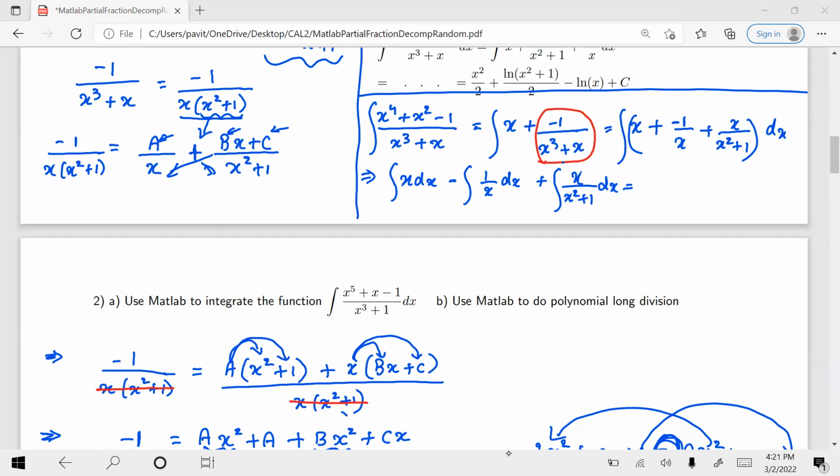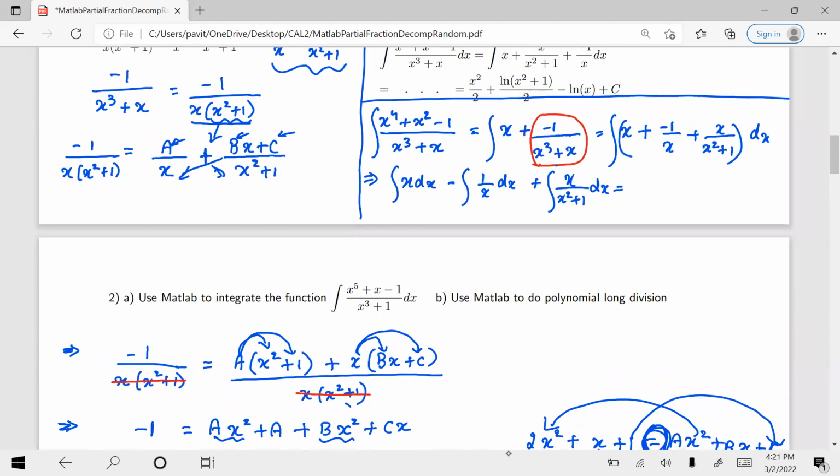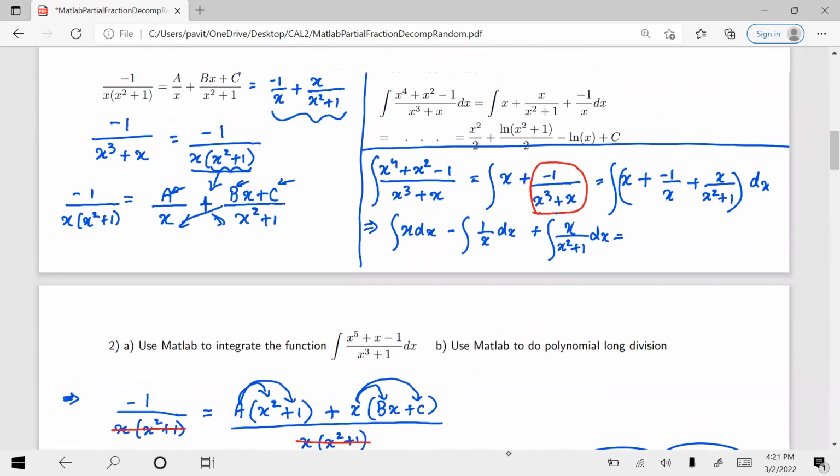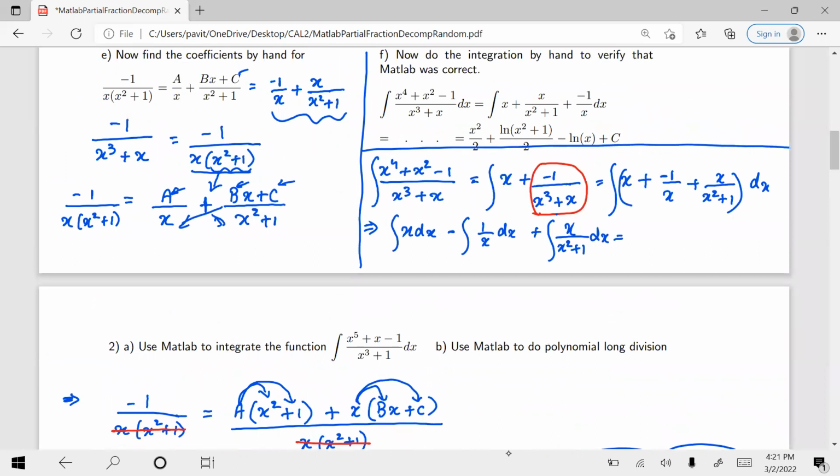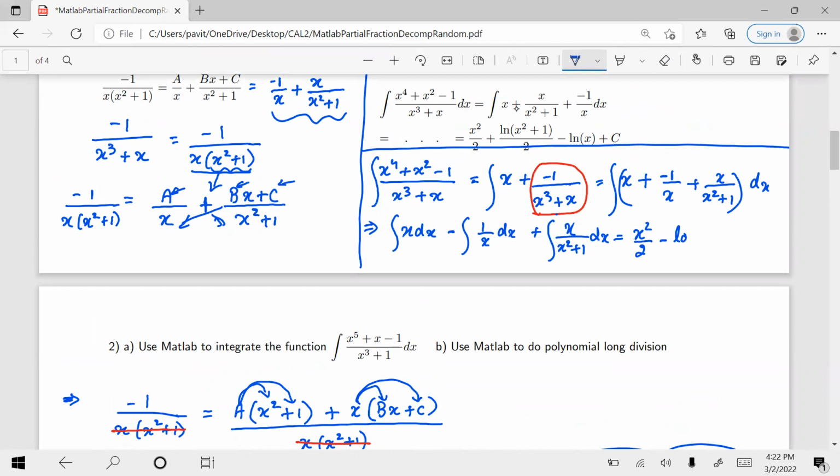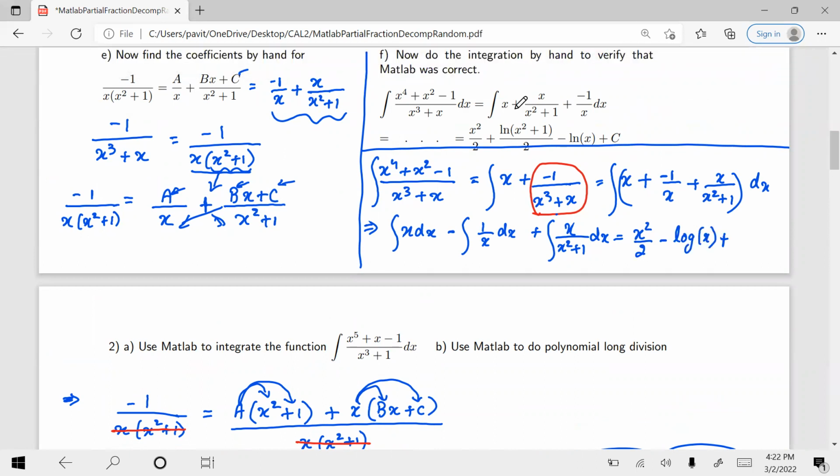X square by 2, right? And what is integral of 1 over x? Log x. So this is x square by 2 minus log of x or ln x plus.